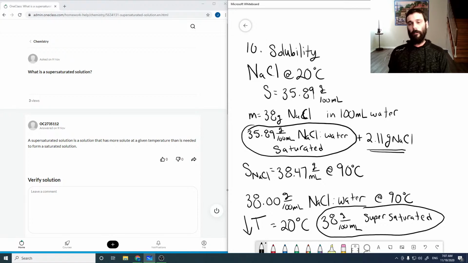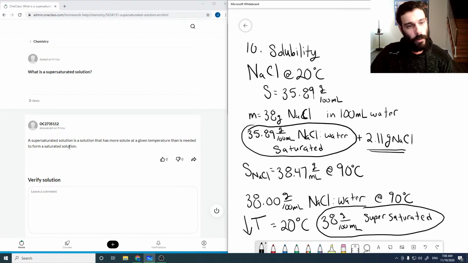And the typical way to make them is as I've sketched out here, which is to heat the liquid until you can dissolve more than you would be able to at 20 degrees, and then quickly cool the solution. It eventually crystallizes out, as some of us may be aware from some of those little science kits and stuff.